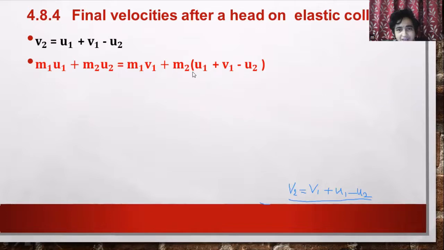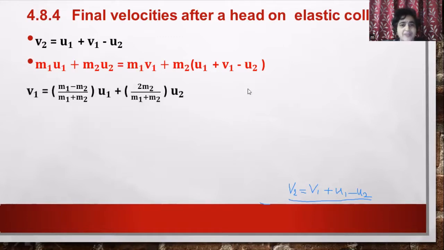And instead of V2, we have used this substitution, U1 plus V1 minus U2. So after simplification, we get V1 is equal to M1 minus M2 upon M1 plus M2 into U1 plus 2M2 upon M1 plus M2 into U2.